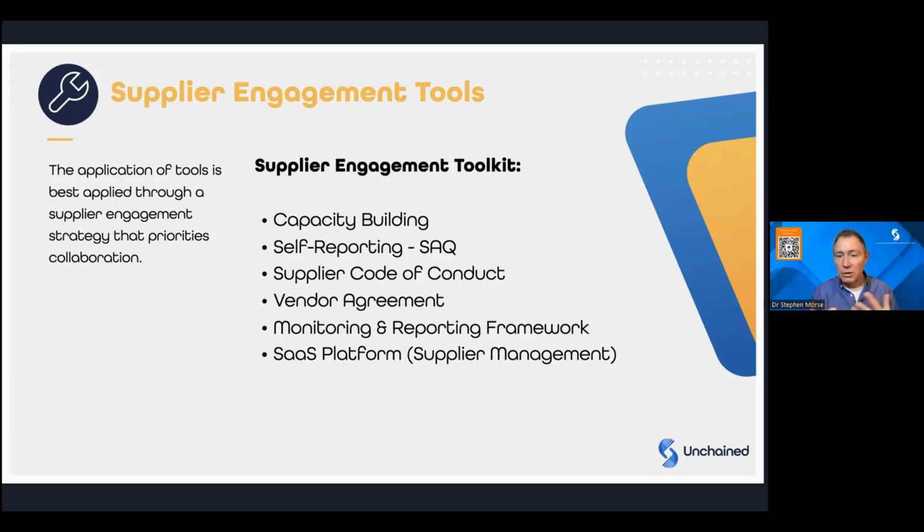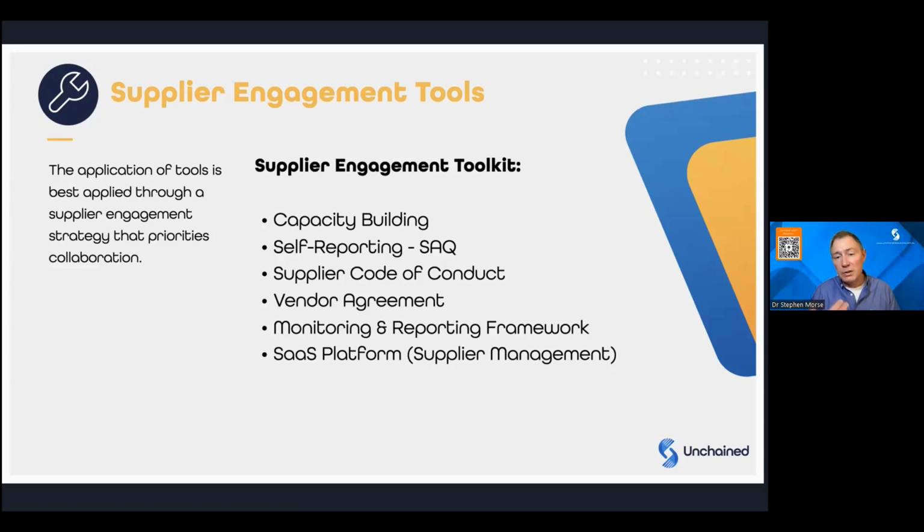Assessing modern slavery risk is not a one-off agenda, it's ongoing. So set up a scenario where there's an expectation that suppliers will be reporting in, whether that's every 12 months or 2 years.